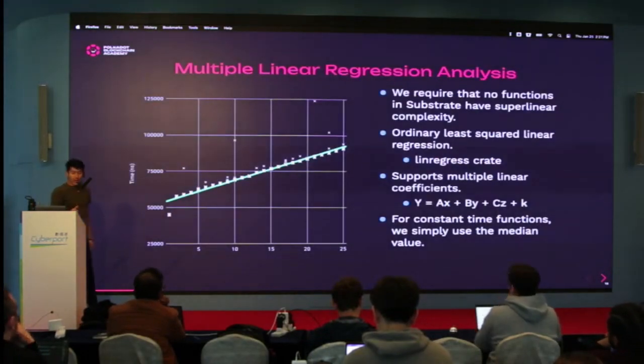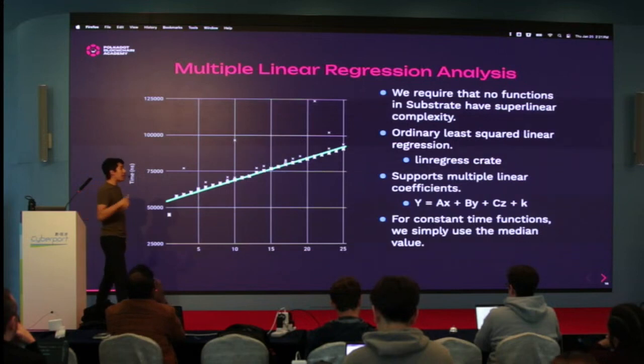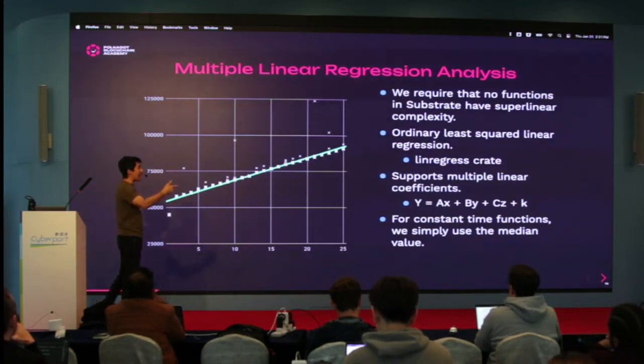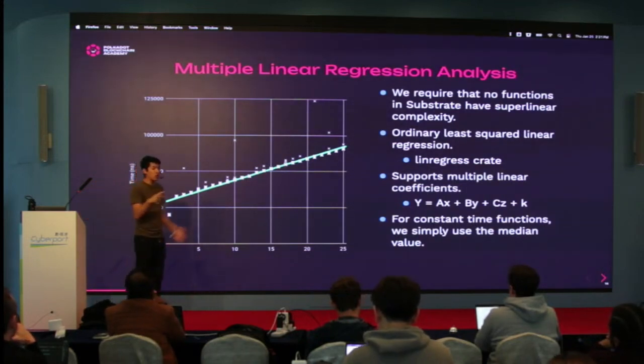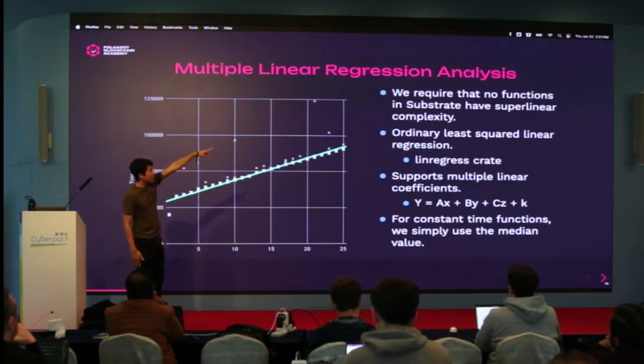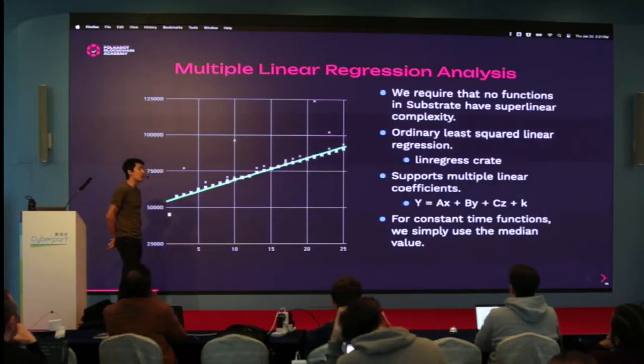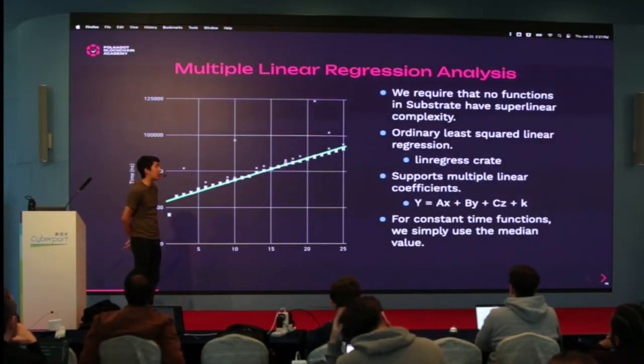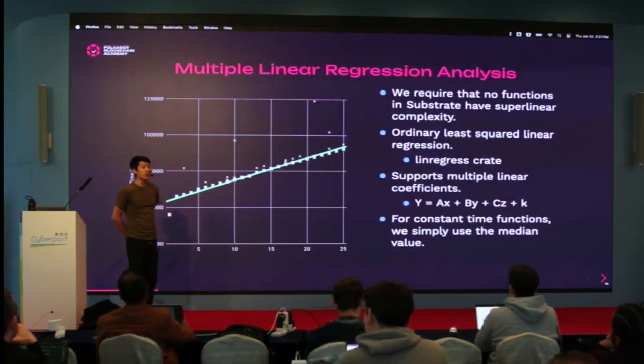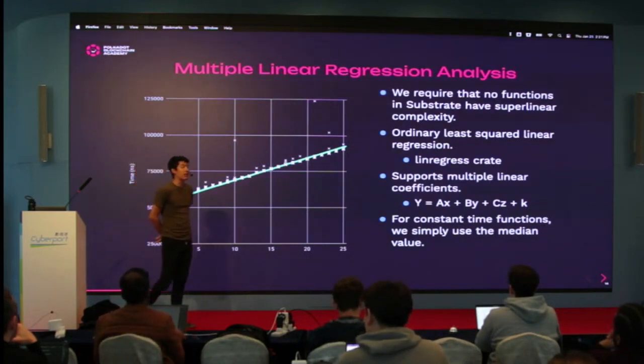So, inside of the benchmarking system, we measure our benchmarks many times. It runs configurably, it can run any number of times, and then we do linear regression analysis. One of the requirements inside of benchmarking in Substrate is that no extrinsic has more than linear complexity. So you cannot create functions inside of the benchmarking system that would scale more than O of n.